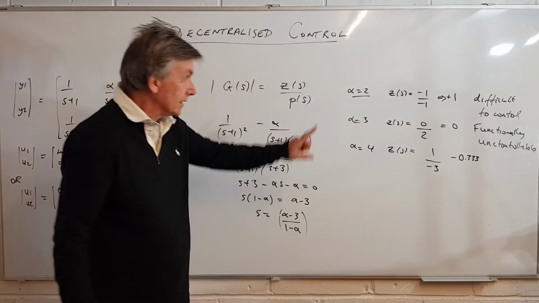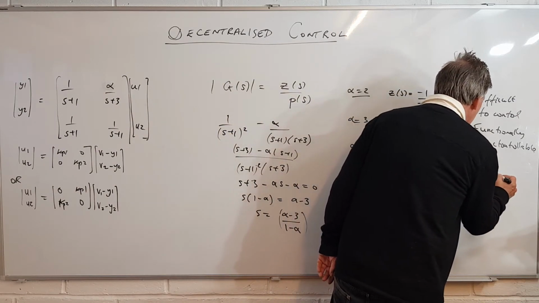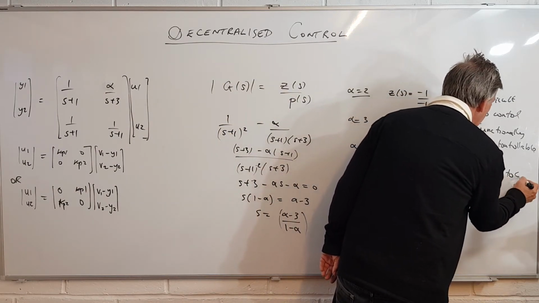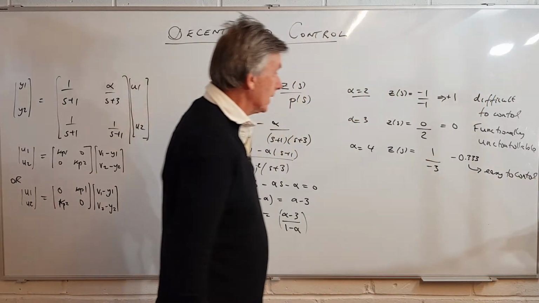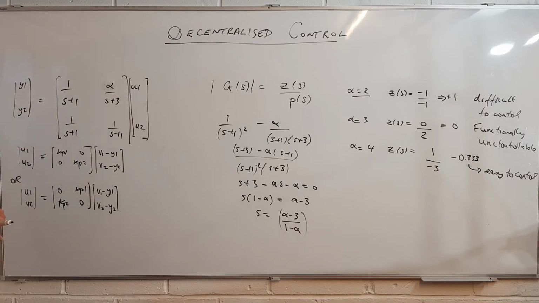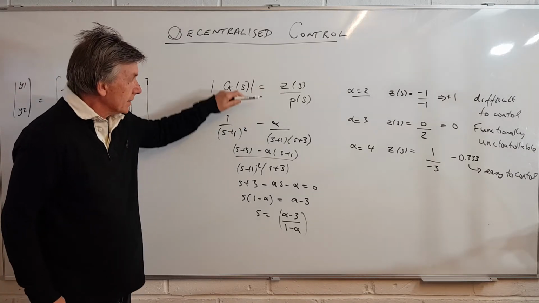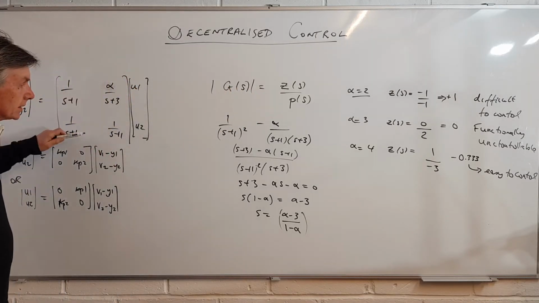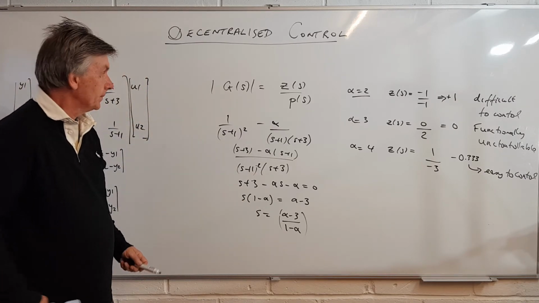So with a negative zero, this system now becomes relatively easy to control, because the zeros quite dramatically affect the type of performance you might expect in a multivariable control system. So this is an important expression. G(s) is Z(s) over P(s). Work out the determinant, get your expressions for your zeros and for your poles.